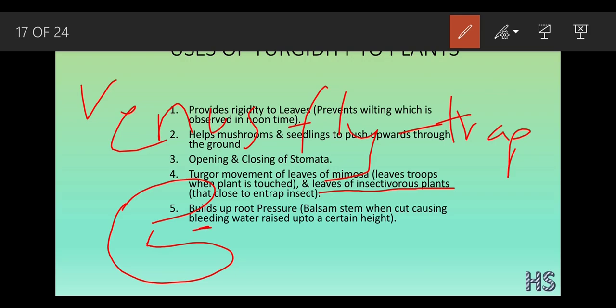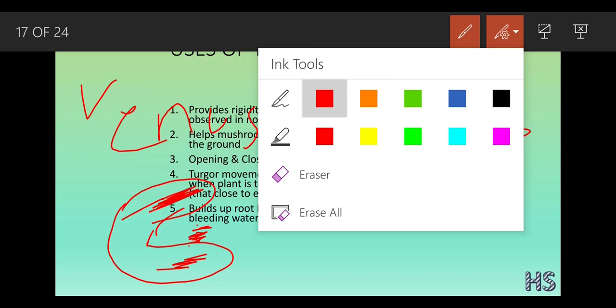If suppose any insect comes to this part, what happens? The insect which is there on this Venus flytrap gets digested, because of the leaves. This is the leaf part of the Venus flytrap.